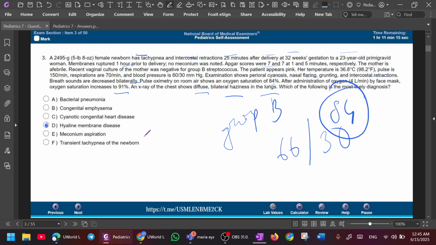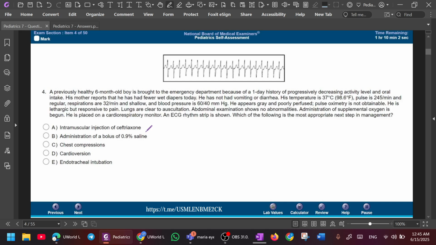Okay, next. Okay, look at the ECG and tell your finding. Oh shoot. I cannot tell. I hate those ECG things. I think it's missing the T wave. Oh no, I don't know.